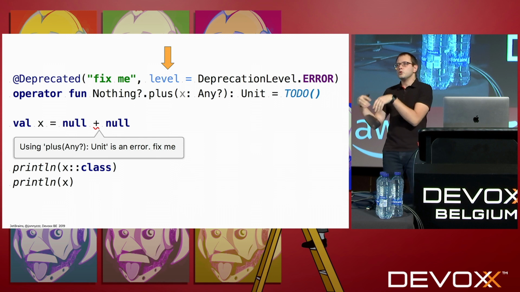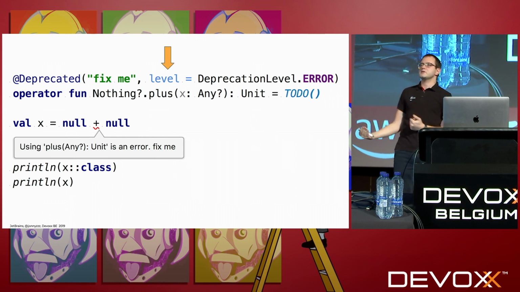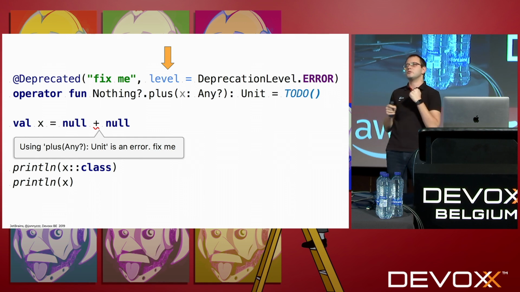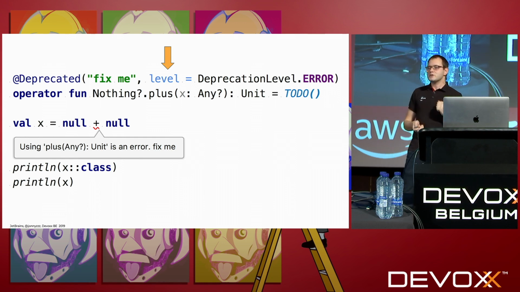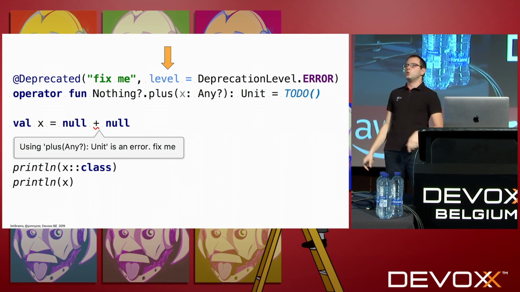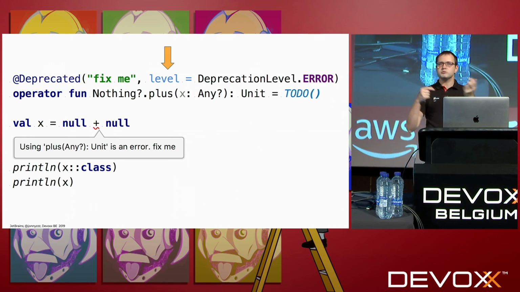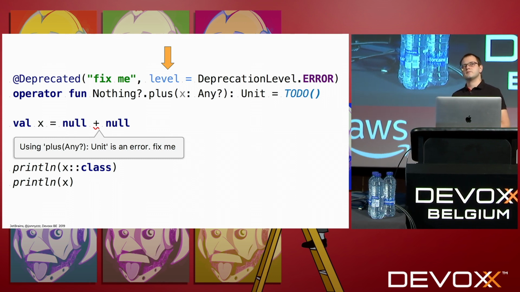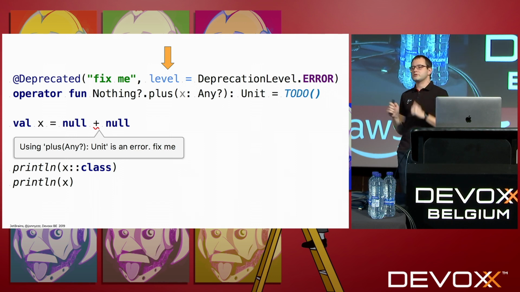But the new code would not be allowed to go through this usage. And in my case, I deprecated this plus operator with this annotation so that I would have the compiler error in all the cases in my program where I would try to have null plus null or null plus something expressions. Good, isn't it? So far, we solved this problem, and probably it would go into the standard library, I'm not sure.